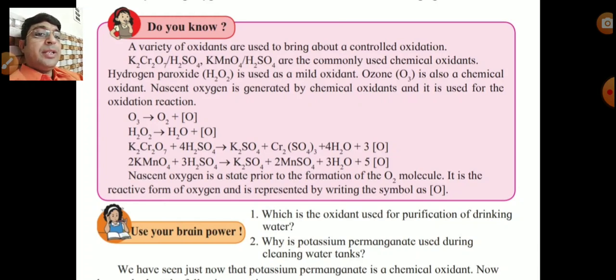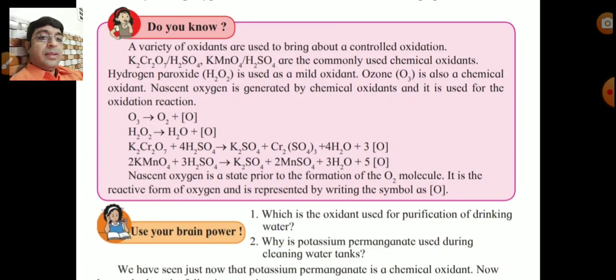Next one, K2Cr2O7 potassium dichromate plus H2SO4 sulfuric acid forms potassium sulfate K2SO4 plus Cr2(SO4)3 chromium sulfate plus water, H2O, plus nascent oxygen, 3 nascent oxygen formed.